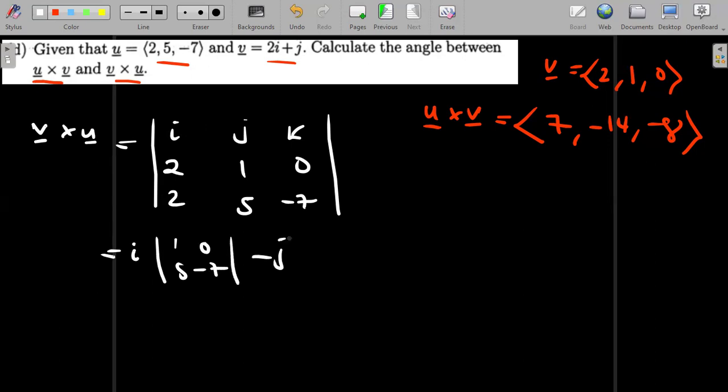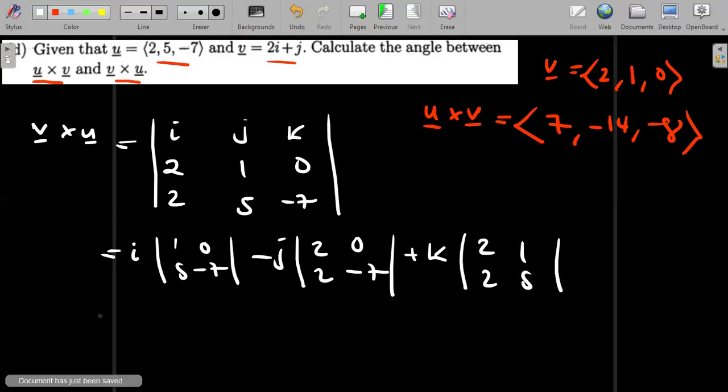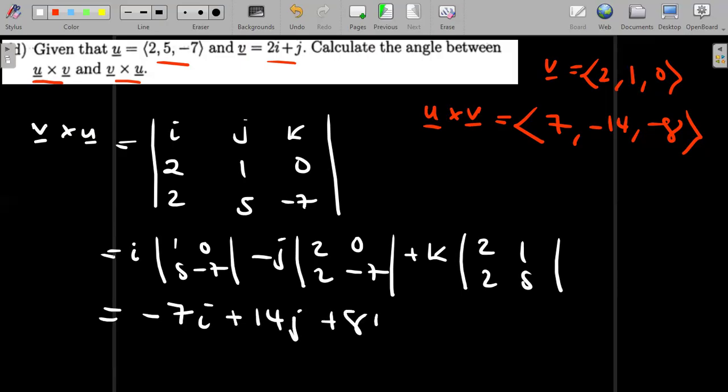Then negative j times 2, 2, 0, and negative 7. Then k times 2, 2, 1, and 5. And this is going to give me the vector: the first one, negative 7i, then 14j plus 8k.